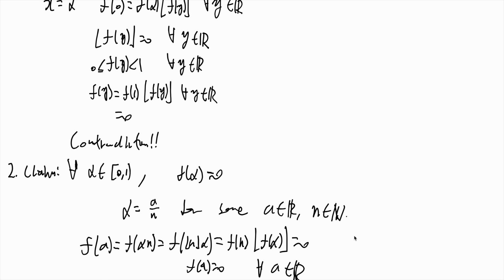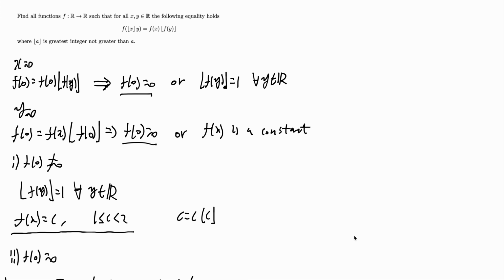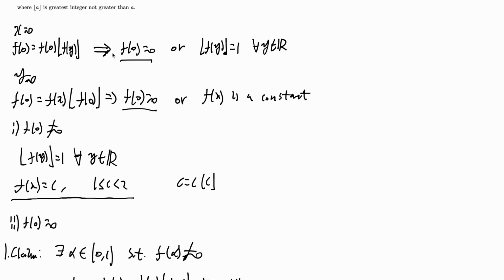And yes, the basic structure of this problem, I think it's really fun. It used really fundamental ideas, like substituting x equals 0, y equals 0, and we could divide cases, because we know that we have f of 0 equals 0 here.